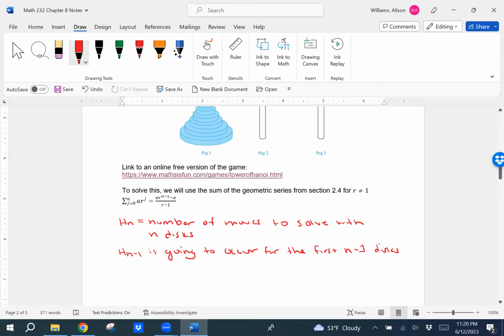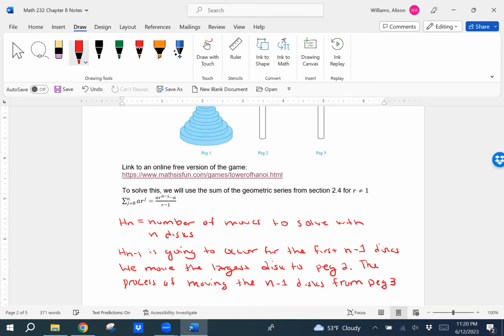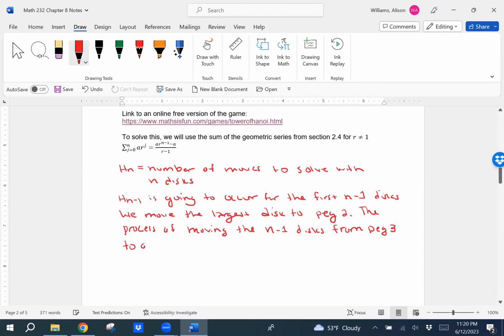Then we move the largest disk to peg 2. The process of moving the n minus 1 disks from peg 3 to peg 2 uses an additional H sub n minus 1 moves.